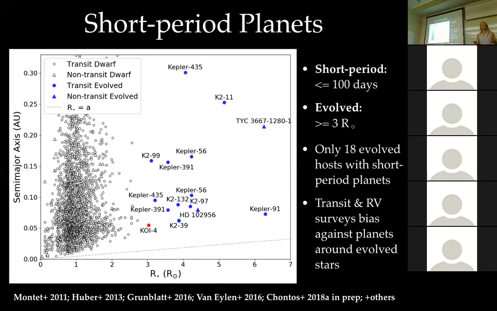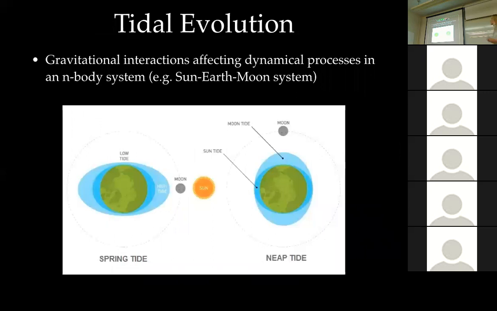Essentially, where are these planets, or what is happening to these planets as they orbit stars that evolve off the main sequence? One current theory is tidal evolution. We know that tides are governed by gravitational interactions in a system. If we think about the one that we know best, the Sun-Earth-Moon system, we know that the tides in our ocean are very sensitive to the orientation of the Sun and the Moon with respect to the Earth.